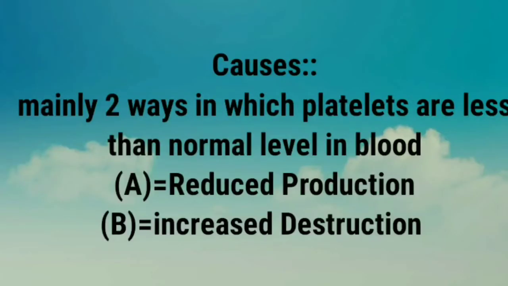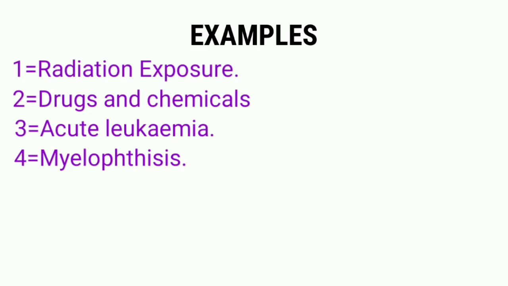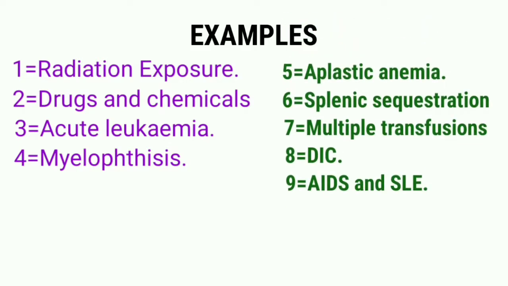Now, once we have defined thrombocytopenia, let's see what the causes of thrombocytopenia are. These can mainly be divided into two groups. One is conditions where there is decreased production of platelets, and the other is where there is increased destruction of platelets. We all know that platelets are produced in the bone marrow.